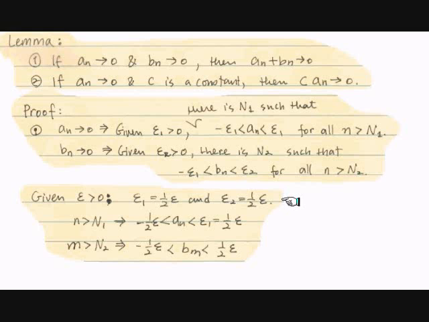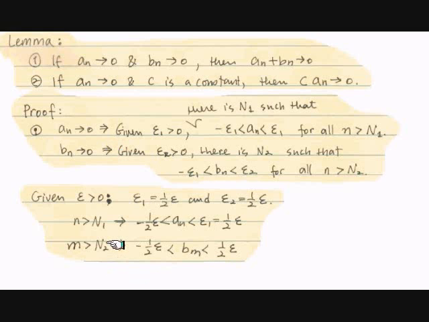Okay, since this epsilon 1 is given, there will be this n1, because an approaches 0, and with that property, as long as our index n is greater than n1, our an will fall in between epsilon 1 and negative epsilon 1. But epsilon 1 is half of the epsilon, and negative half of the epsilon right there. So we have this property of an. And since we have epsilon 2, we have the same property for bn.